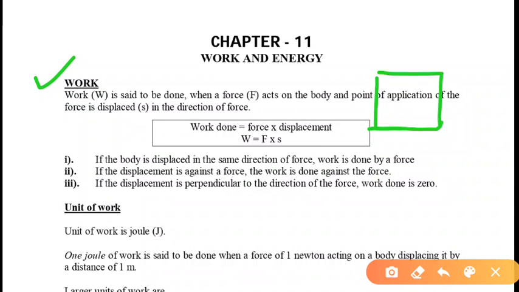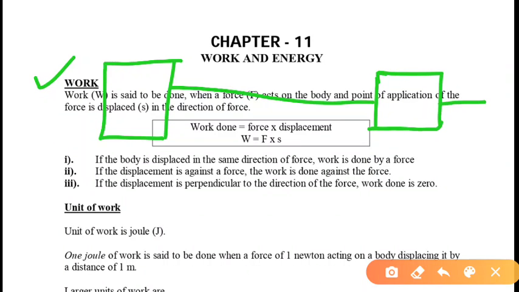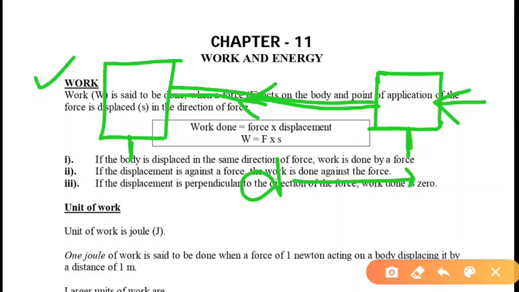We want to displace it from this position to this position. So what will we do? We have to apply a force in this direction, either push or pull. Due to the application of that force, the body will move from here and reach up to here. So this is the initial position of the body, this is the final position. Then there is a displacement from initial to final, this much displacement.